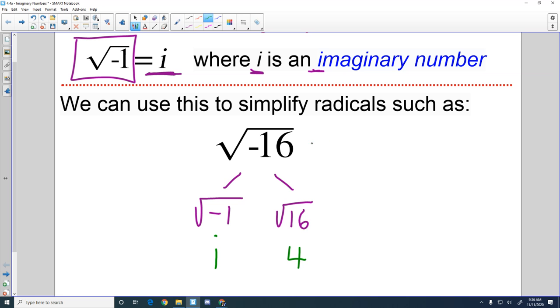So when I put those two things together, I'd write my final answer as 4i. So i is kind of like a variable in a way, except that it's a variable that is always going to equal the square root of -1. So here, the square root of -16 is 4i. Pretty awesome, right? Imaginary numbers. Who knew?